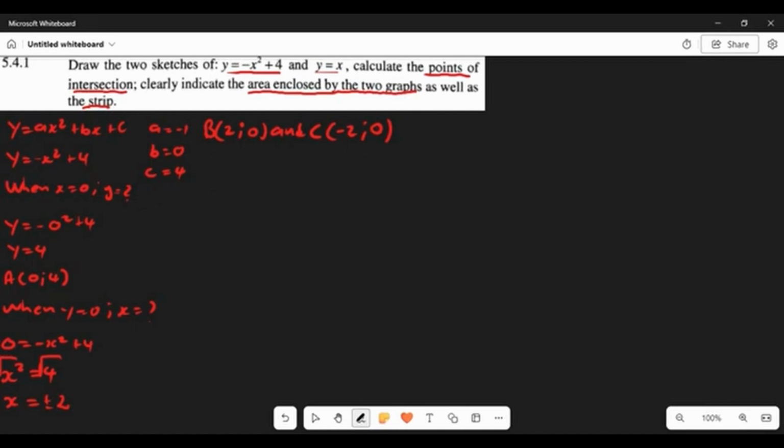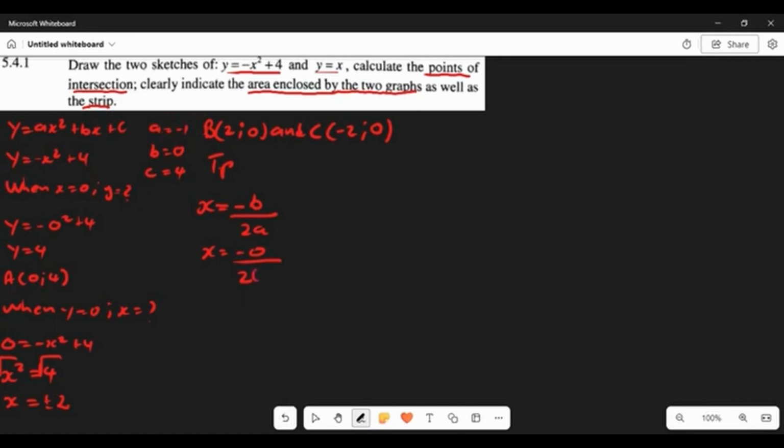Now remember, with the parabola we do have a turning point, so there is a formula that we use for the turning point. Let me just write TP to indicate this is going to be our turning point. So the formula goes like this: for the x coordinate, it's negative b over 2a. But if we go back to this here, as you can see, b is 0. So if we substitute here, we can say x equals negative 0, that is our b, over our a, which is actually negative 1.